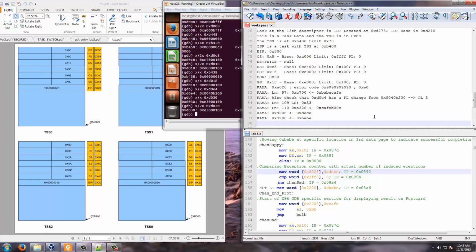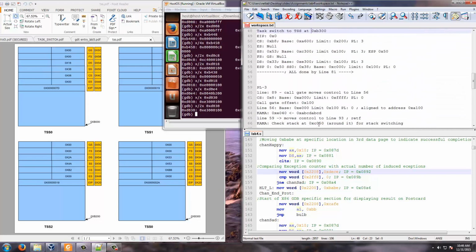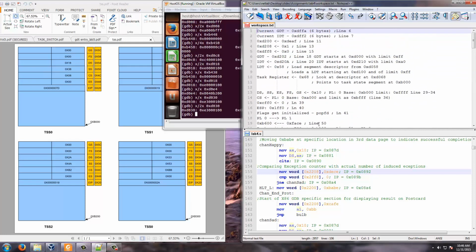Your D200 should become 0xE, and your D208 should essentially become 0xCAFE. So this is annulled because D208 is, so this is annulled. Okay, and then that's it. So it ends. So this is the entire execution of your thing.